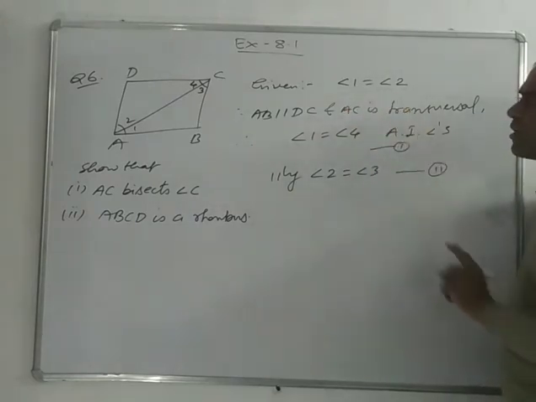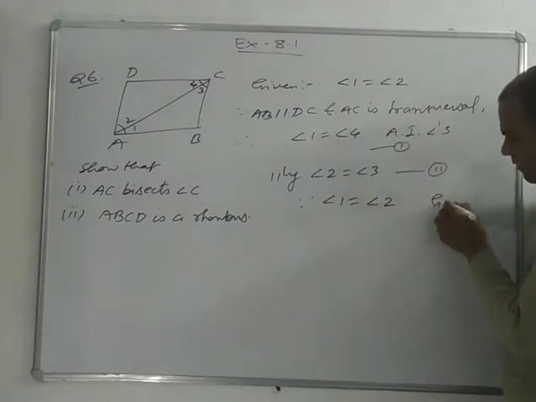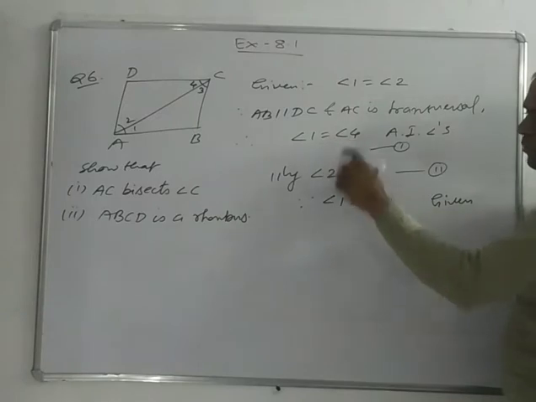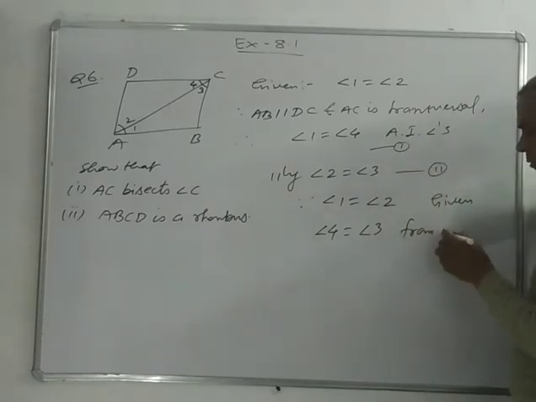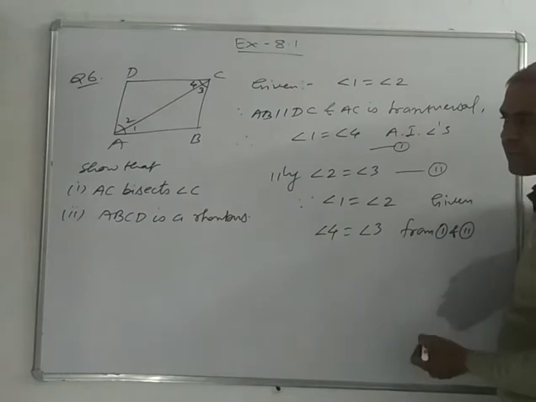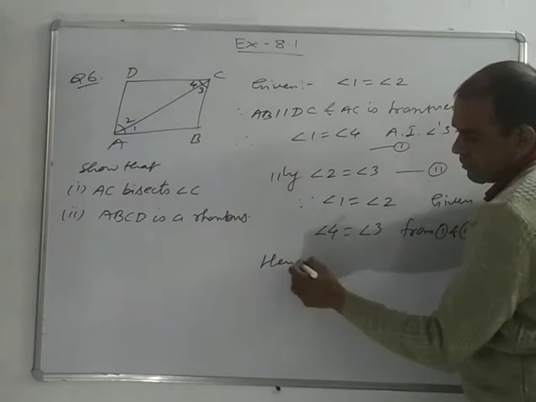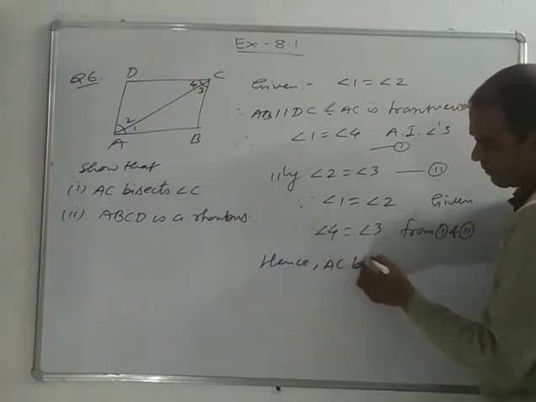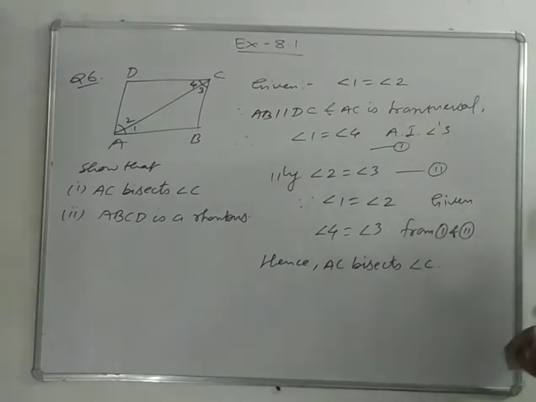And angles 1 and 2 are equal, it is given. Now the value of angle 1 is 4 and the value of angle 2 is 3, from equations first and second. So angles 3 and 4 are equal. So AC bisects angle C. This is proved.